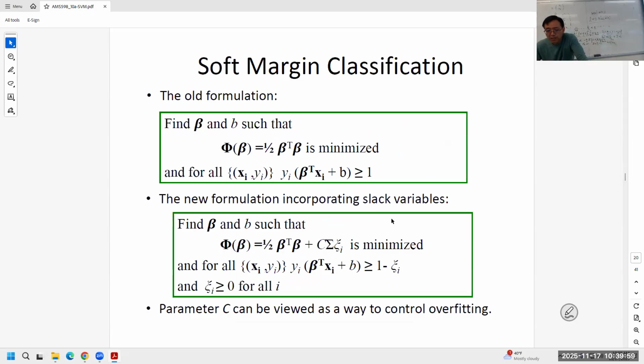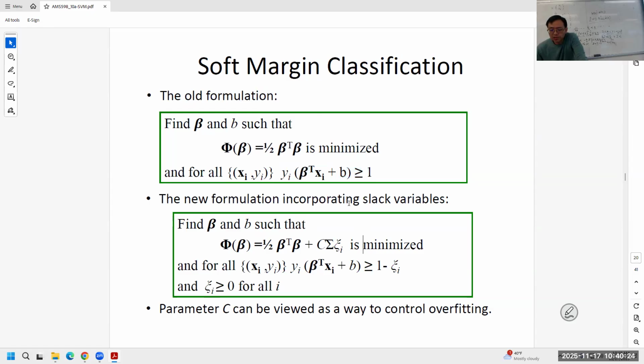Mathematically, let's look at the math first, and then I'll come back to the slides for more illustration. The original formulation is to minimize beta transpose beta, subject to all data points being on the right side, where the minimal signed distance is at least 1 from each side.